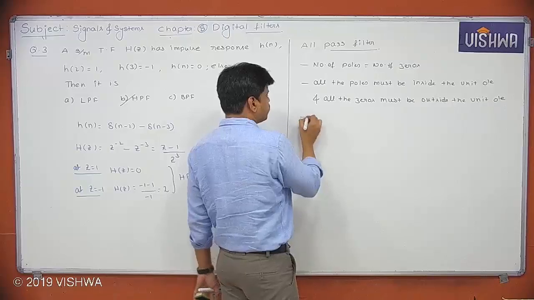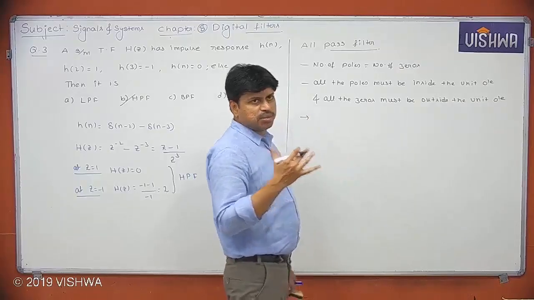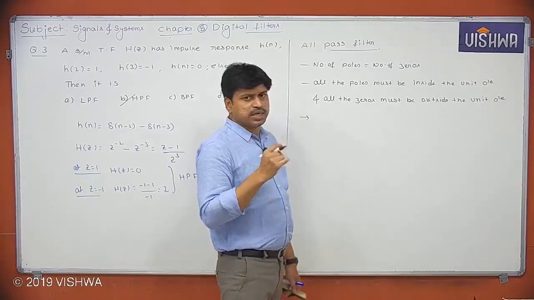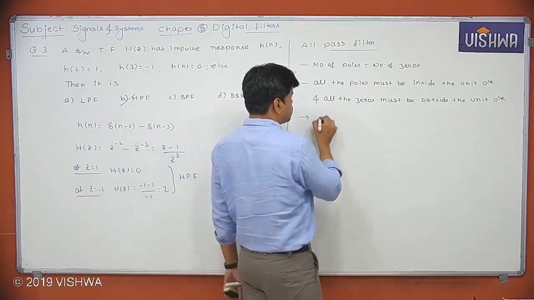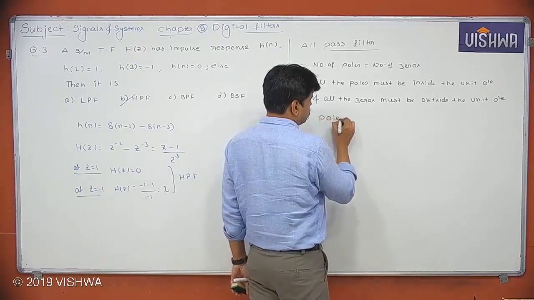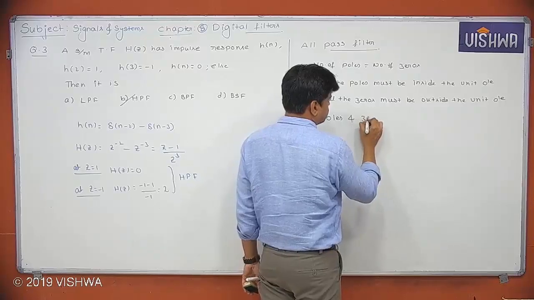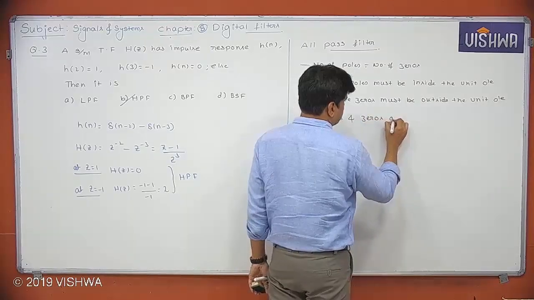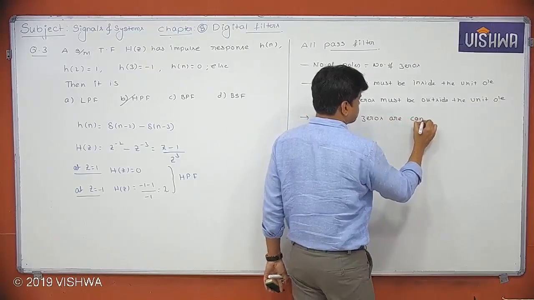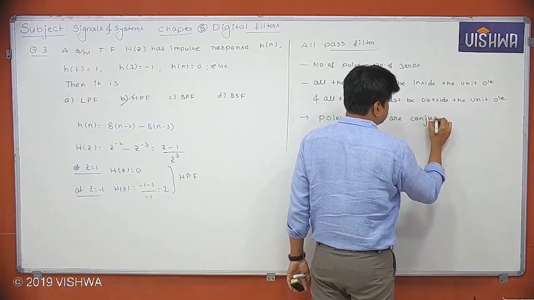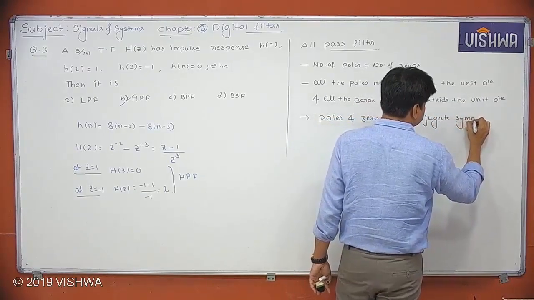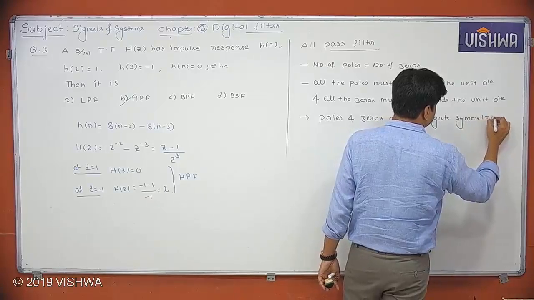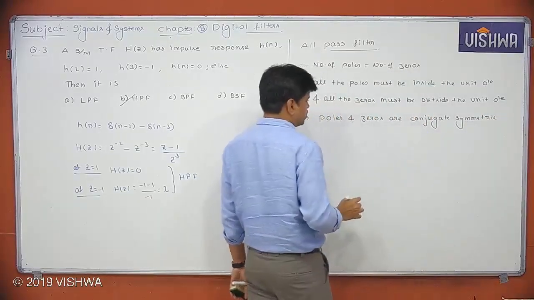Next, there we have seen symmetrical location, but here in the discrete time case, poles and zeros are conjugate symmetric with respect to each other.